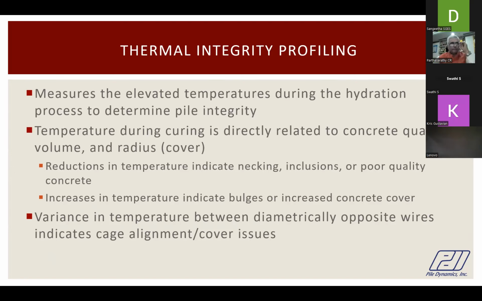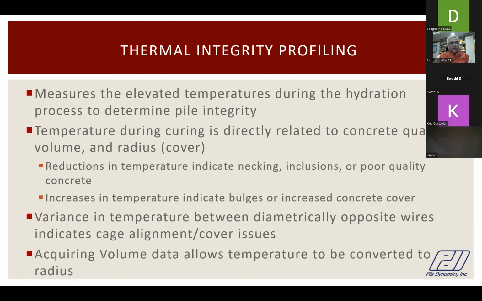Okay. And so acquiring volume data allows temperature to be converted to radius. This is very important information that we need to have. Perhaps you need this even for your PIT or even your high-strain dynamic test, particularly for the drilled shafts, to get the accurate volume.